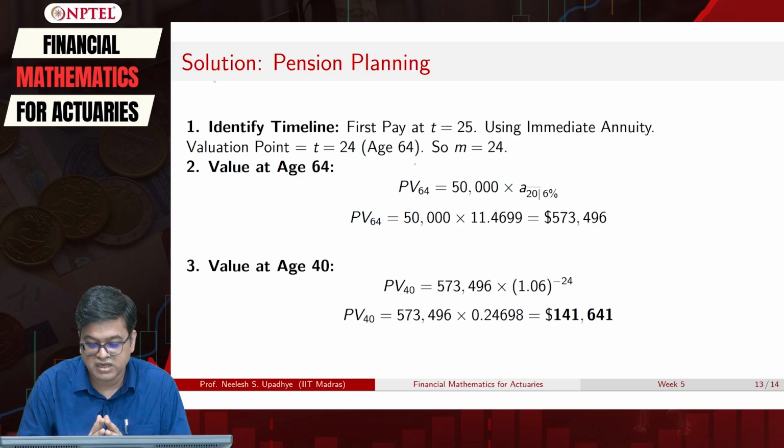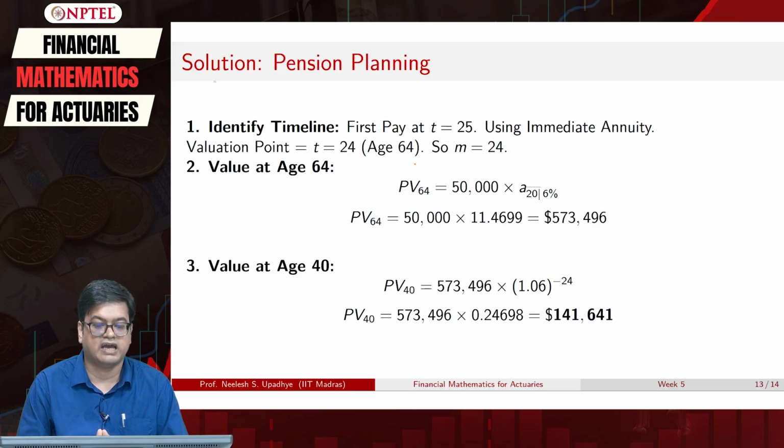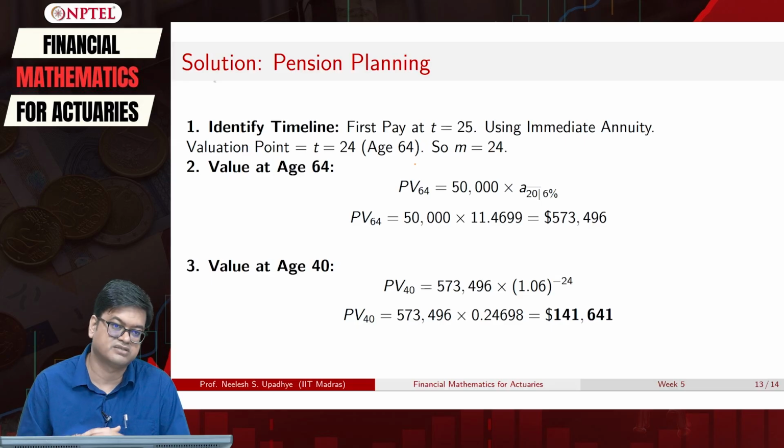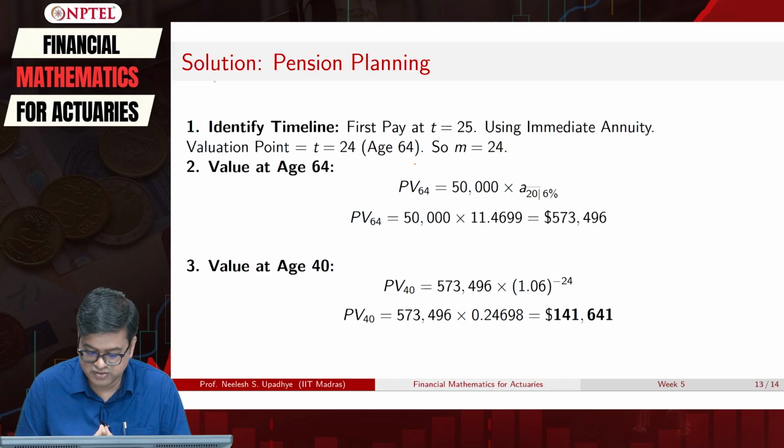If I do that, I get 1,41,641 as the present value for that pension planning. So, this much I need to put in so that I will get 50,000 per year for the next 20 years, correct.